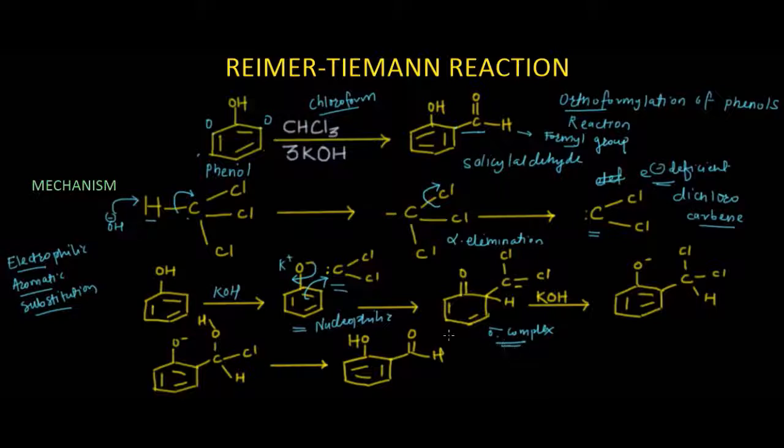Once the sigma complex is formed in electrophilic aromatic substitution reaction, the next step is abstraction of proton. In this case, the same carbon will be acting as a base for the abstraction of proton, and proton will be abstracted in such a way so that we get a stable compound like this.